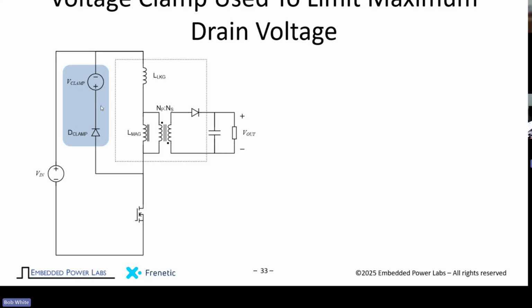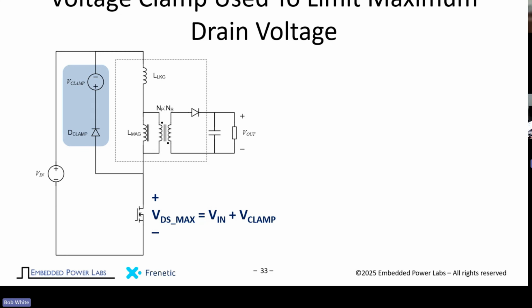Now, this can be implemented in different ways, but this does mean that the maximum voltage on the switch is the input plus the clamp. And that becomes an important design parameter for us.